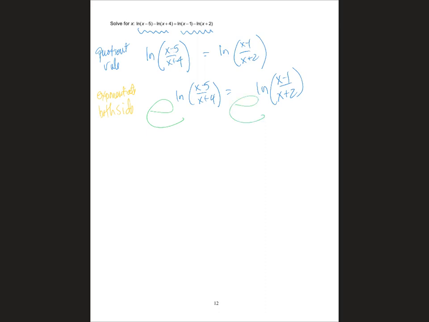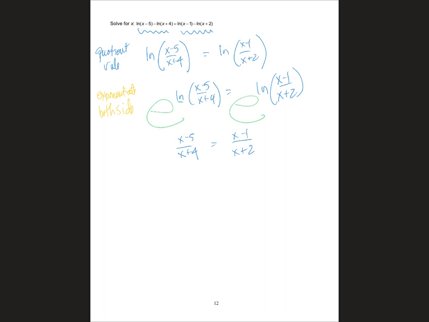I'm introducing the base e and making each side of the equation exponents. Now, knowing that ln is log base e, I have a beautiful property that allows me to simplify the left-hand side to be x minus 5 over x plus 4, and that's going to equal x minus 1 over x plus 2. And I can cross multiply.